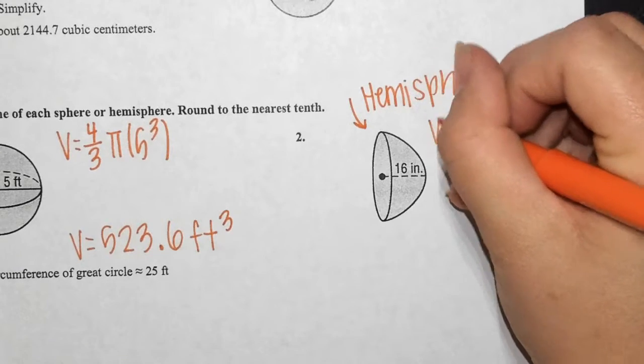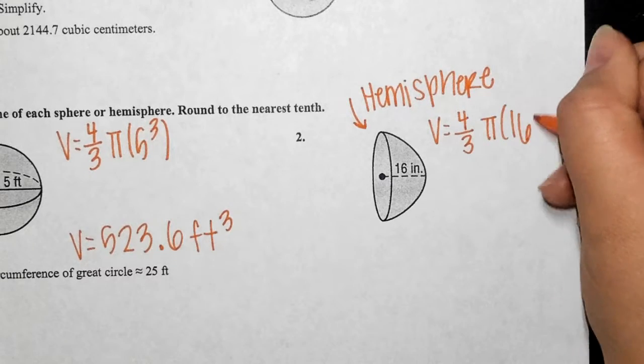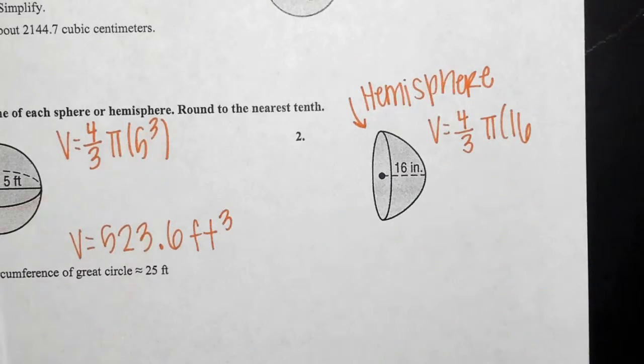So our radius is 16. So we get 4 divided by 3 pi 16 cubed.